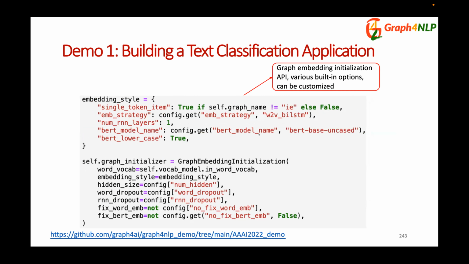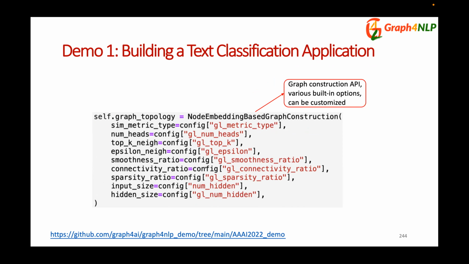And this graph embedding initialization API can also be easily customized. This is for the dynamic graph construction. As we previously mentioned, there are some important parameters here, and this can also be easily customized by inheriting our provided low-level APIs.